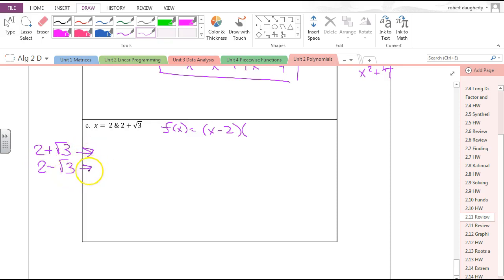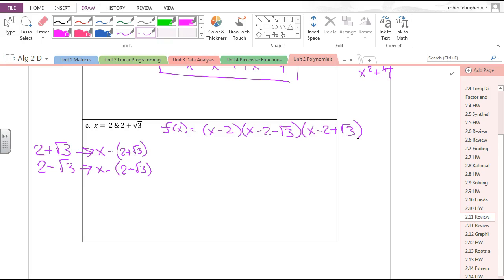So what are the factors? x minus 2 plus root 3 and x minus 2 minus root 3. So I've got to multiply all of this together.